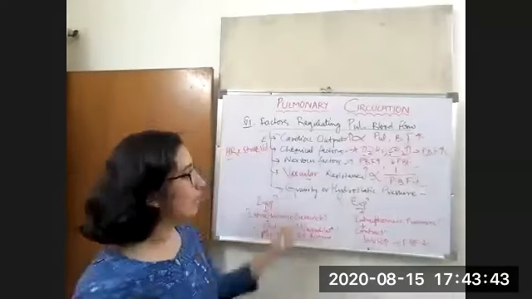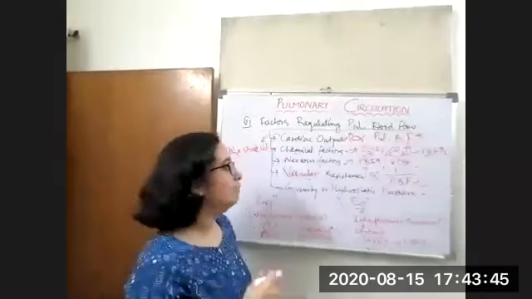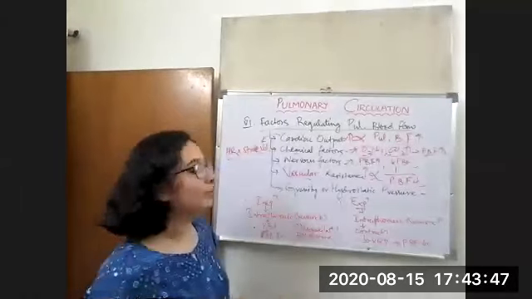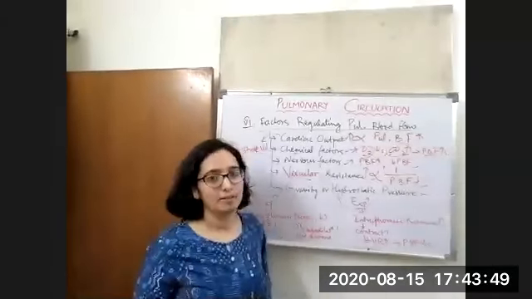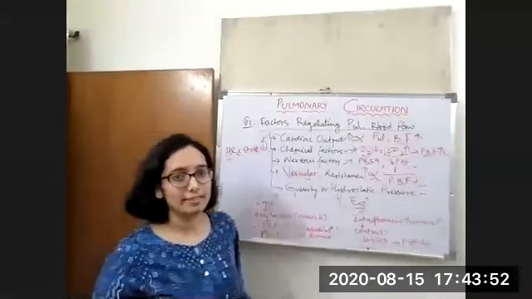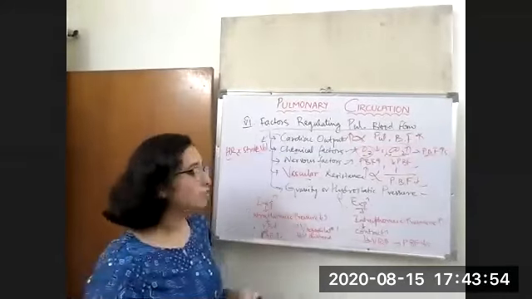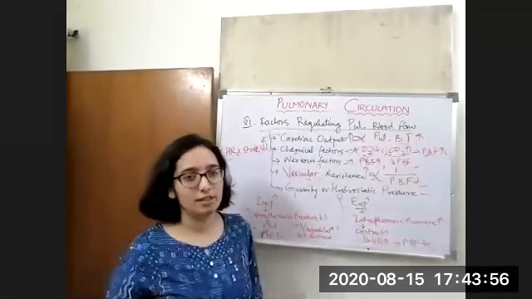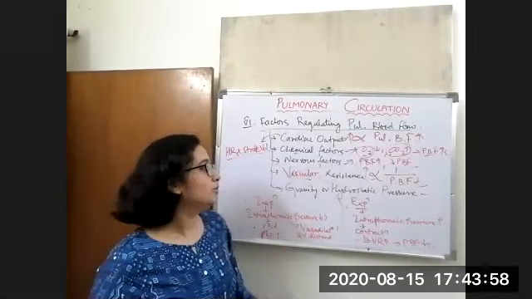We also see that in exercise there is an oxygen decrease, that is hypoxia happens. Exercise is a physiological condition, so there is exercise induced hypoxia. In that condition also the pulmonary blood flow will increase because the oxygen is decreasing and the carbon dioxide is increasing.